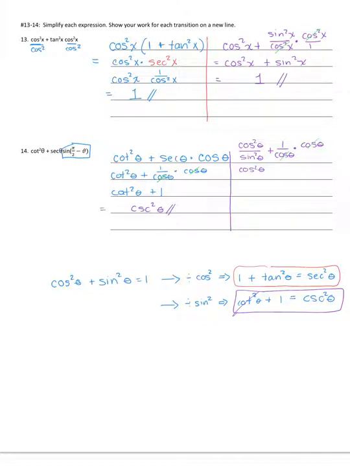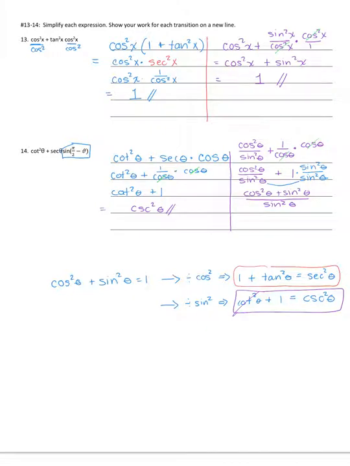So I have cosine squared theta over sine squared theta plus 1. And you're thinking, well, how does that help me? Well, I can rewrite 1 as a common denominator. I'm going to write it as sine squared theta over sine squared theta, because that's the same thing as 1. So now I have this common denominator. If I write it as one fraction, on top I have cosine squared theta plus sine squared theta, all over the common denominator sine squared theta.